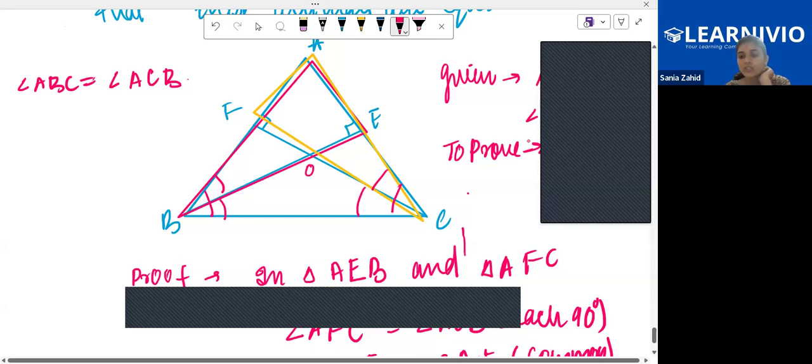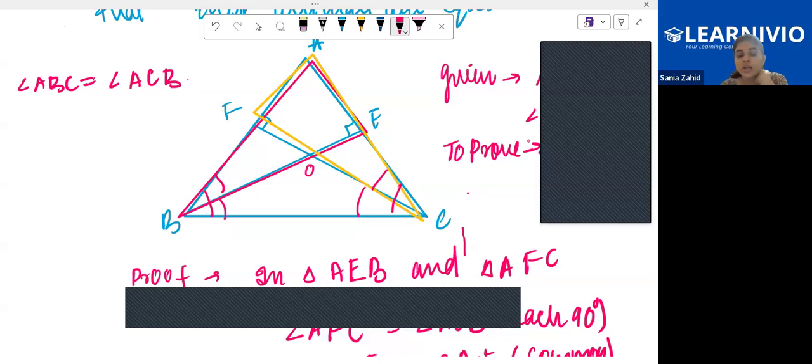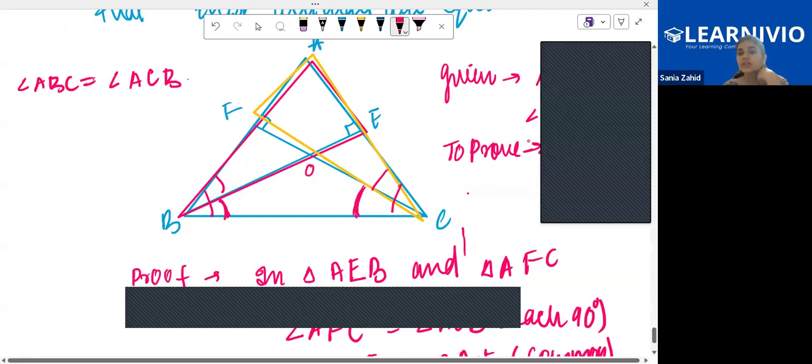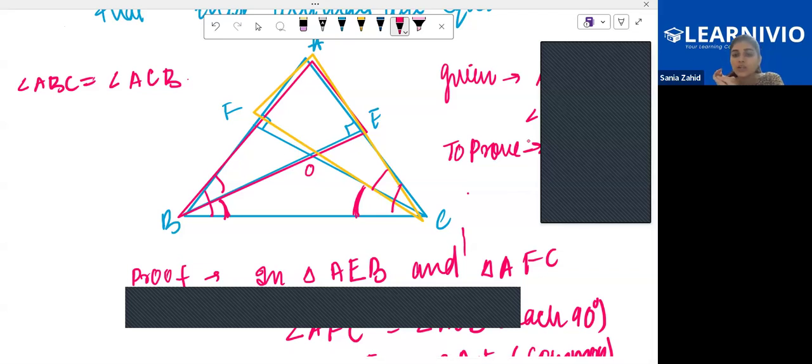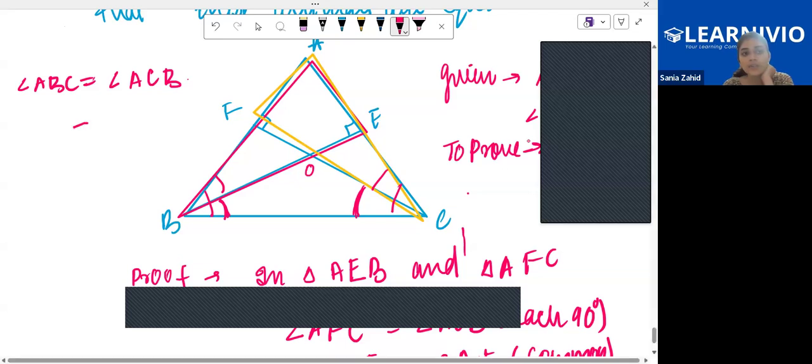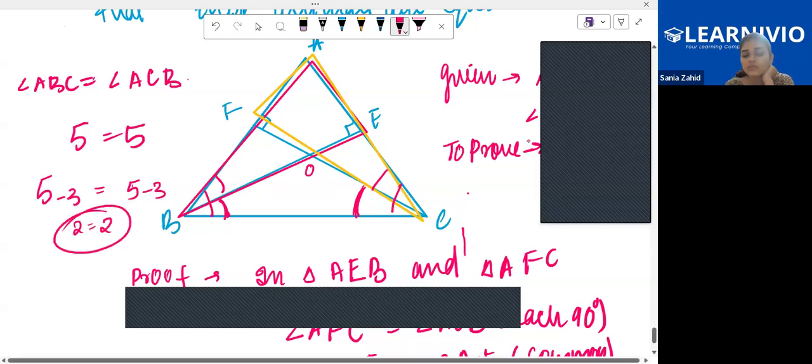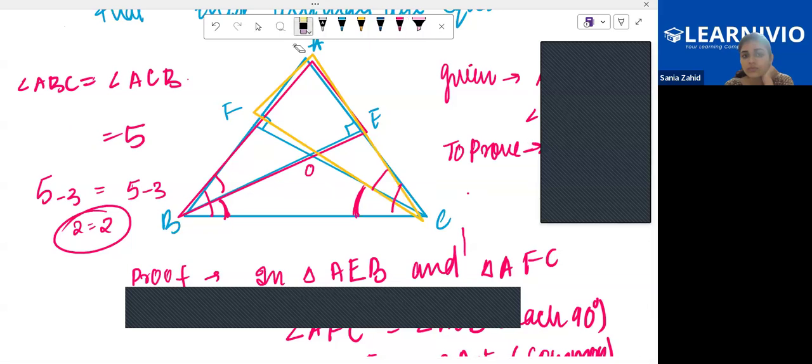But for them to be equal, this part should be equal to this part, because only if you subtract equals from equals will the thing remain equal. Like you have 5 is equal to 5, so if you subtract 3 on both sides, the answer is also equal. Yes or no? Yes, ma'am.